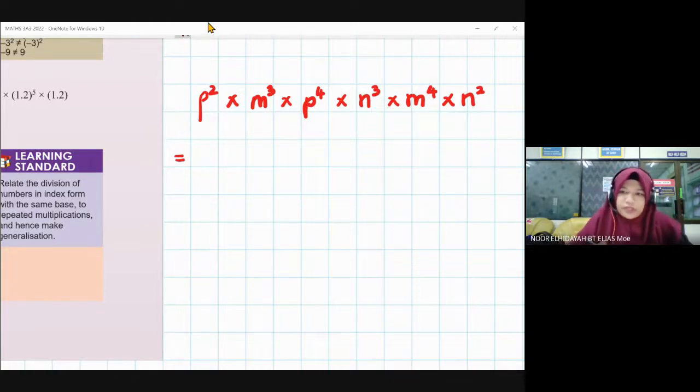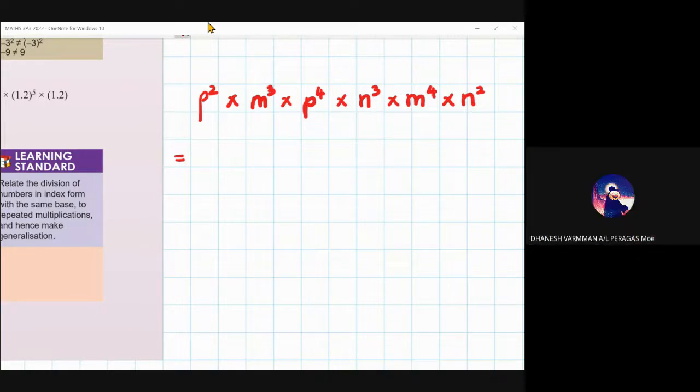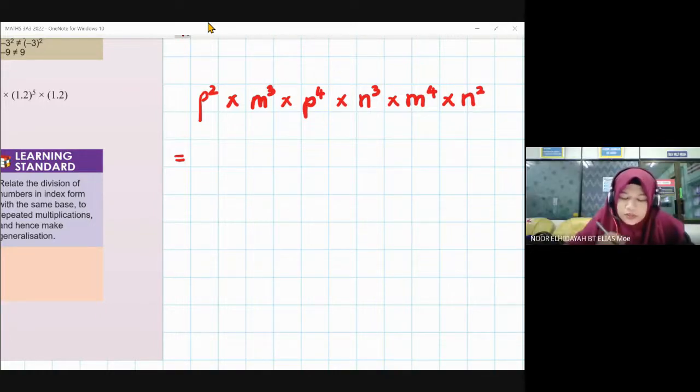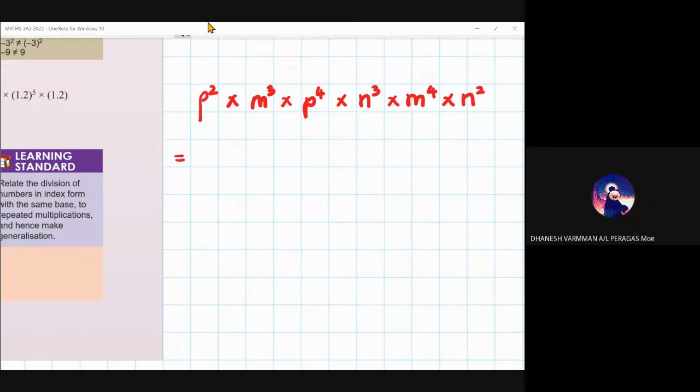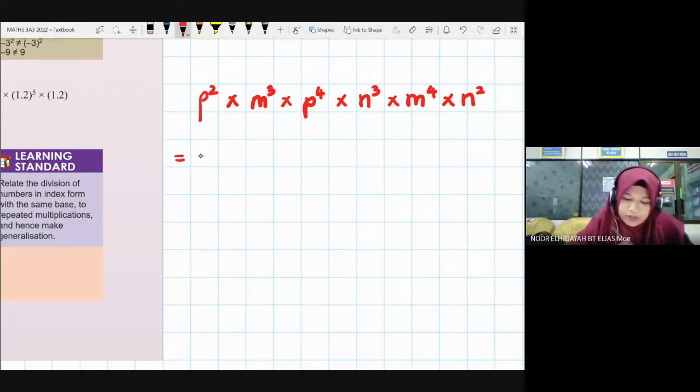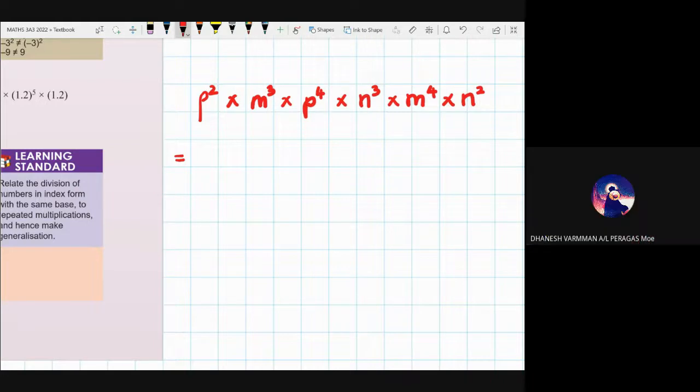Danish Varman? Yes, teacher. Okay, try to explain how to solve this question. We need to separate the M, the P, and the N. We take M3 and rearrange it: M3 times M4.